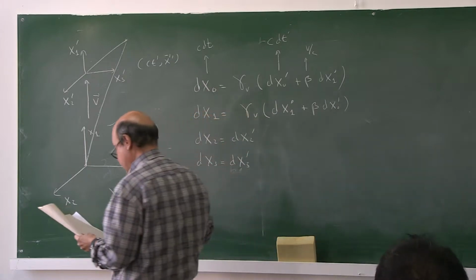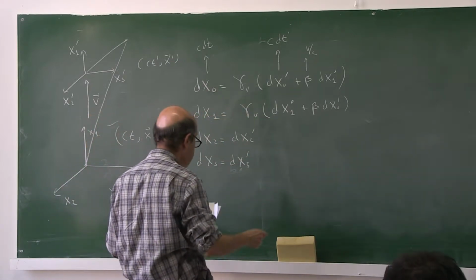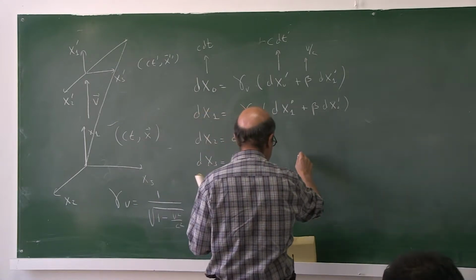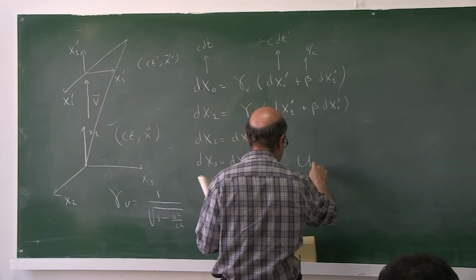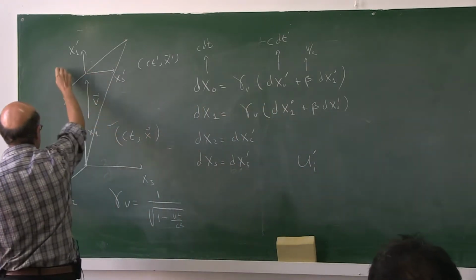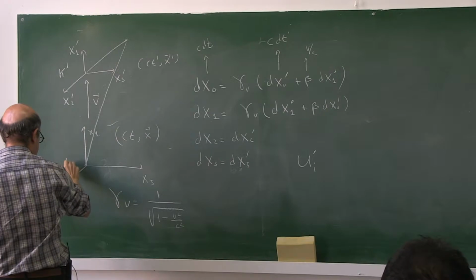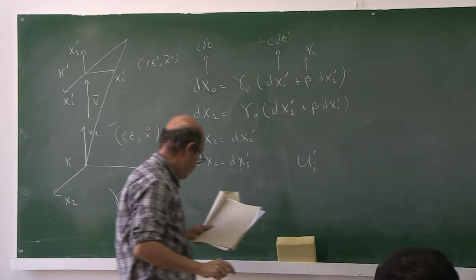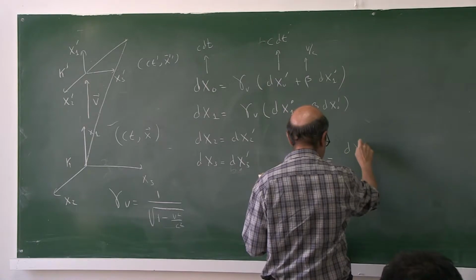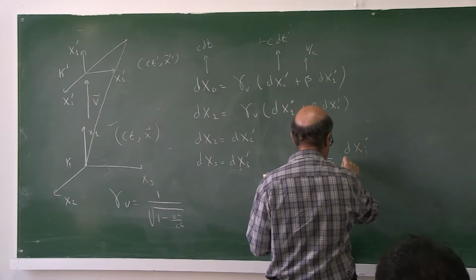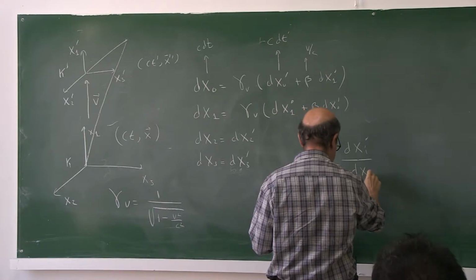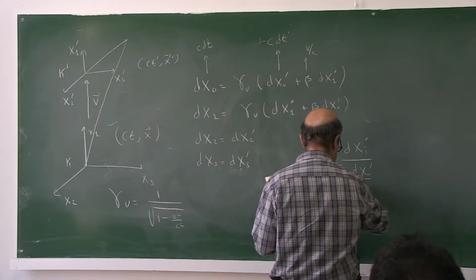So we can define the speeds. The speeds seen in the prime frame, this is the prime frame, k prime, and this is k, are dxi prime over dx0 prime over c.